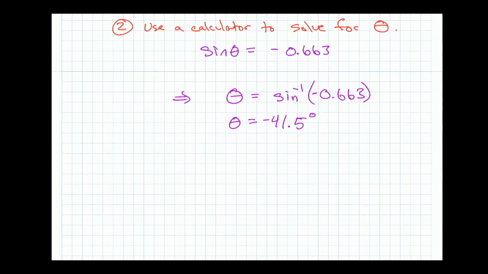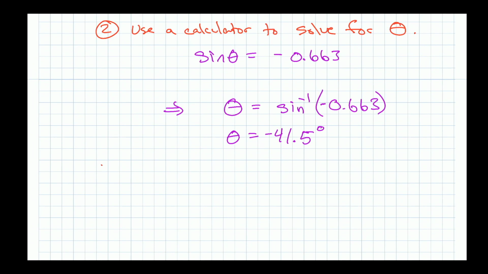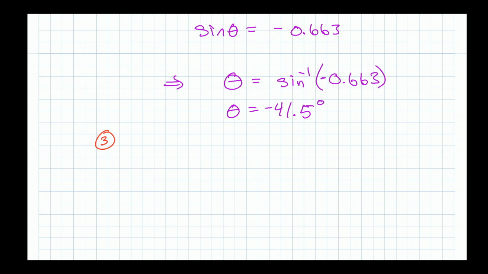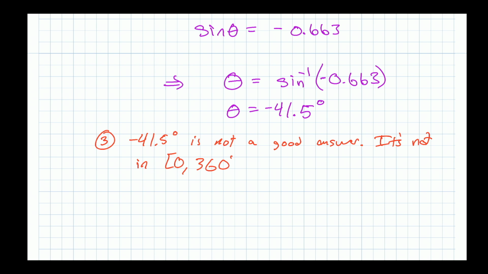We're going to do it, but we got to fix these issues. Okay, so first of all, negative 41.5 is not a good answer. It's not in 0 to 360, which is what it needed to be.